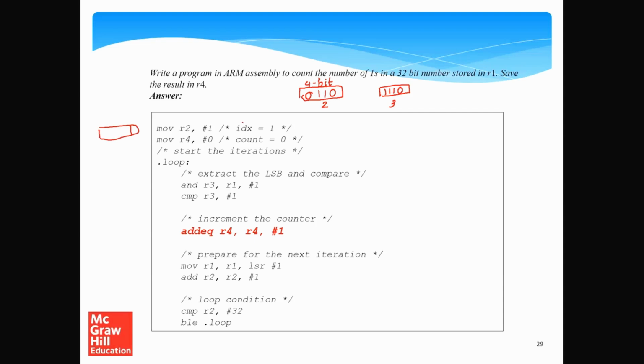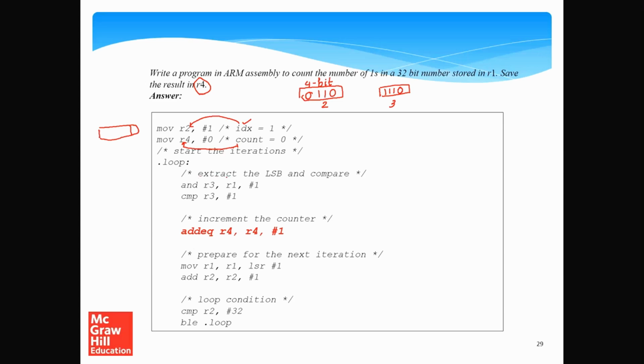So let's have an index variable. Let's map it to R2, initialize it to 1. Similarly, let's have a count variable, which is mapped to R4 because the final result needs to be saved in R4. So let's take a count variable, save it in R4, and initially the count starts with 0, right? Because we have not seen any 1 yet.